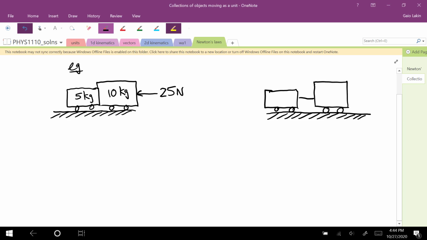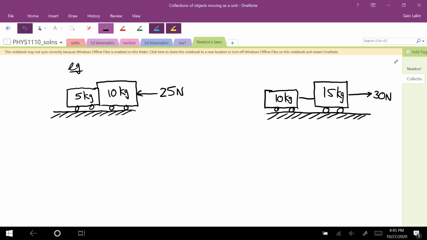And I guess this time, I'll say that the right cart is being pulled this way with a force of 30 newtons. And let's say that this is 10 kilograms and 15 kilograms. Okay. And in both cases, let's say that what we want to know is the force that one of them applies to the other one.